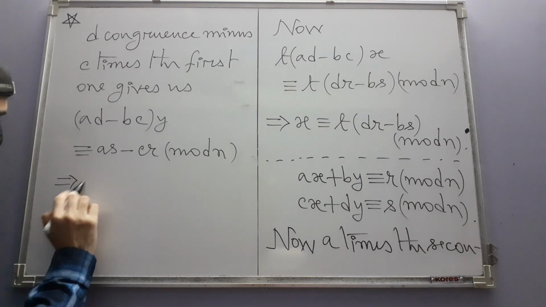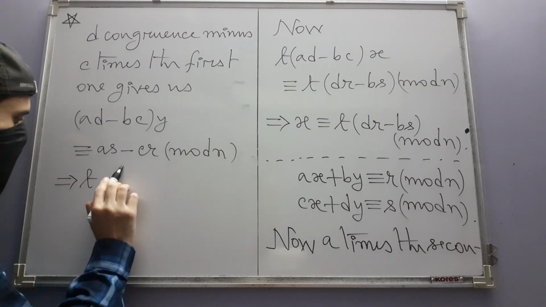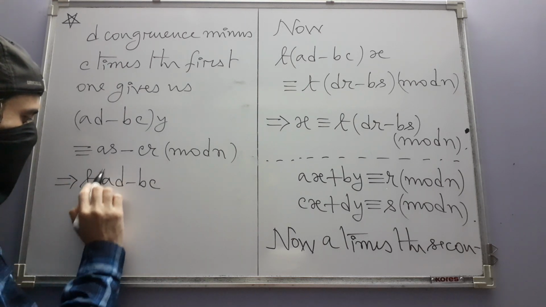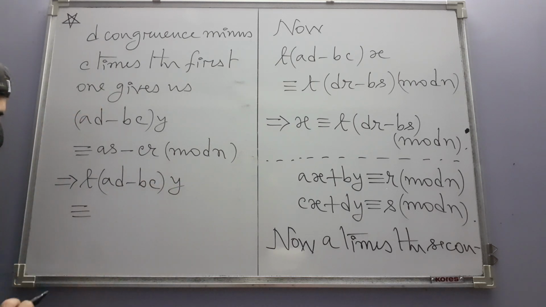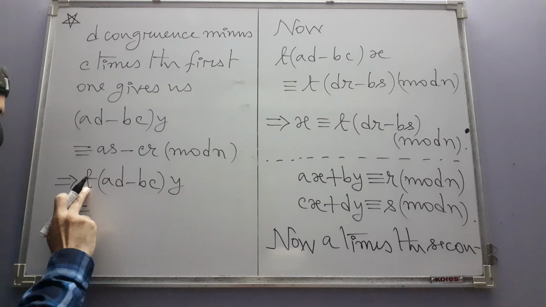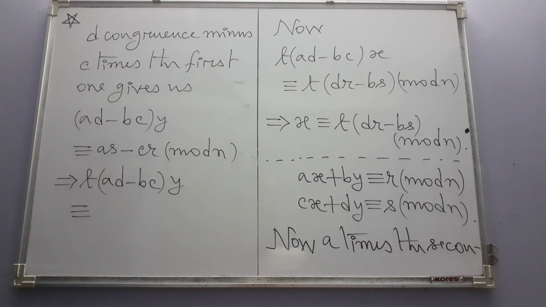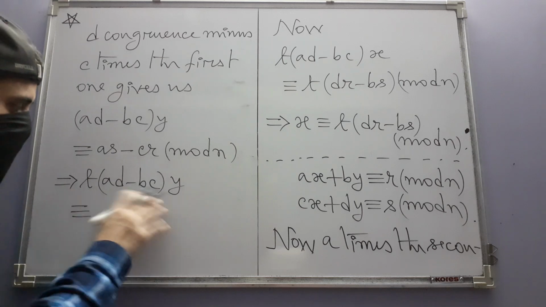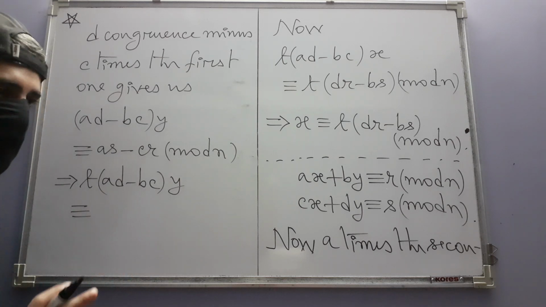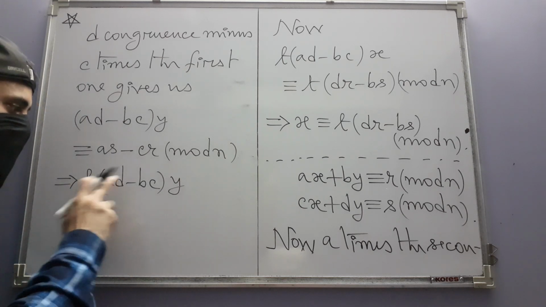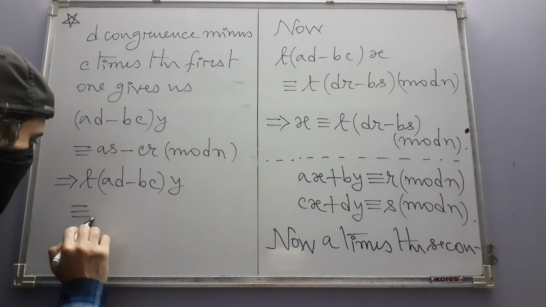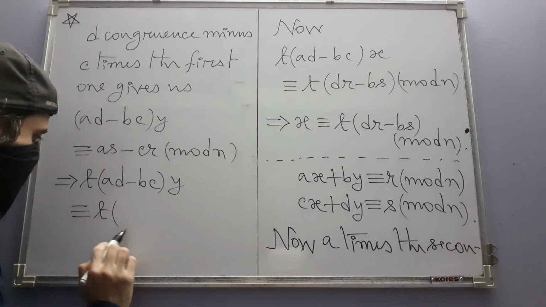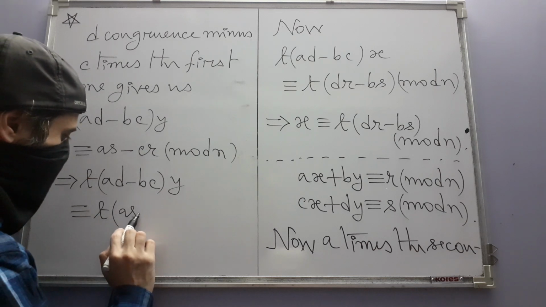So you multiply both sides by T. When you multiply both sides of a congruence by an integer, there is no restriction on the integer. But when you want to cancel an integer from both sides, which is present on both sides, then you have to see that the integer is relatively prime to the modulus. So without any problem, we just multiply.